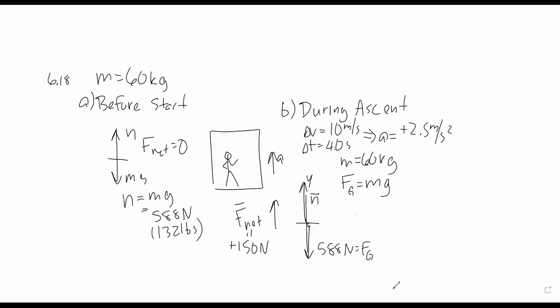So in this case, the normal force then would be, I wasn't really precise about writing everything out. It's technically N minus mg equals plus ma. And so the normal force in this case, if it's 60 times 2.5, which is 150, plus 588 gives us 738 newtons.